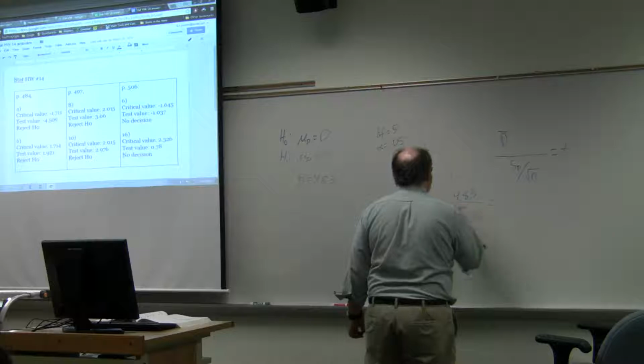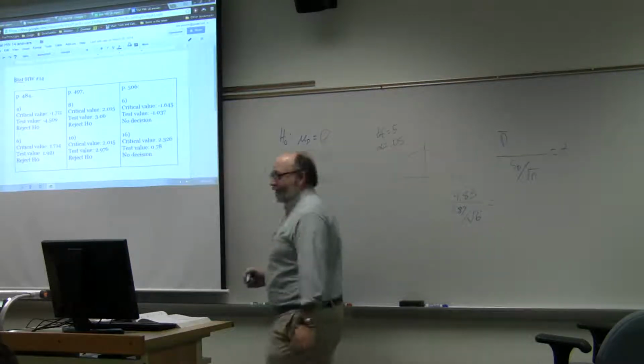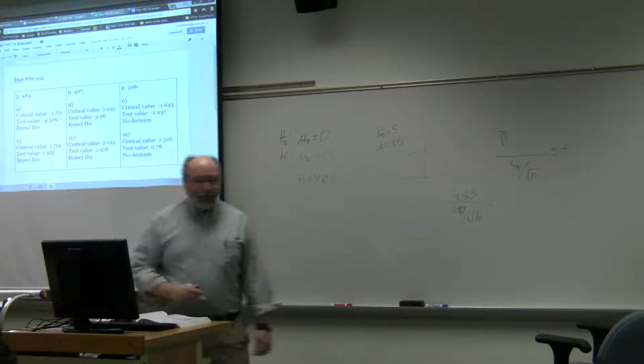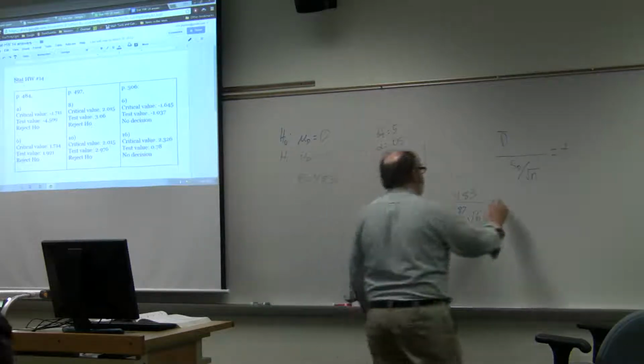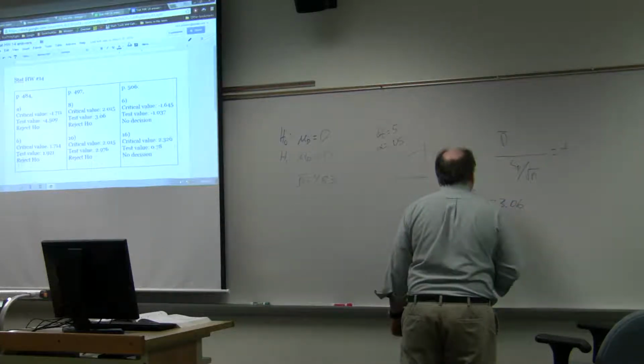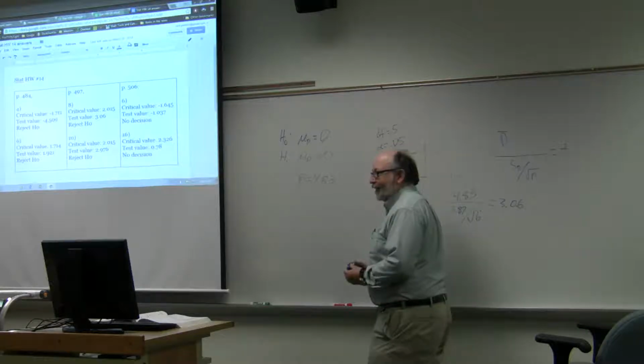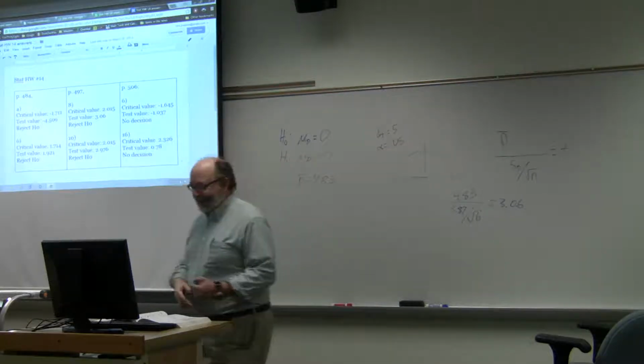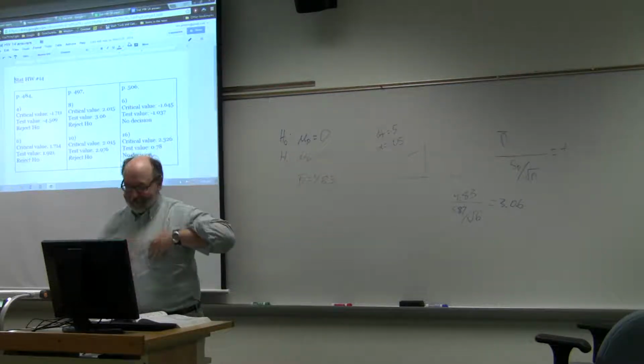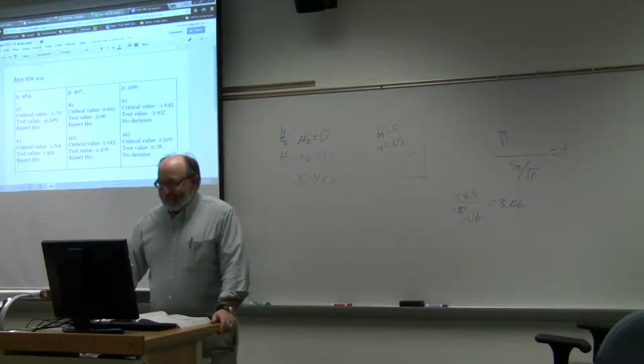When you divide by square root of 6, you get 1.5. So then you come up with 3.06 as your test value.